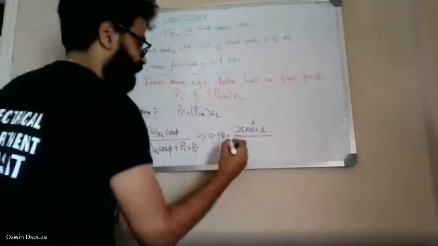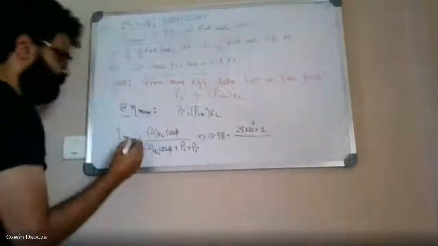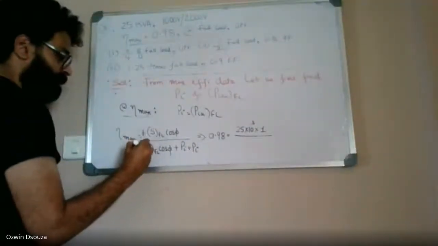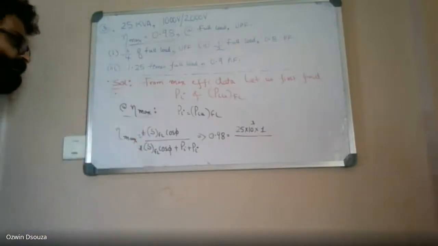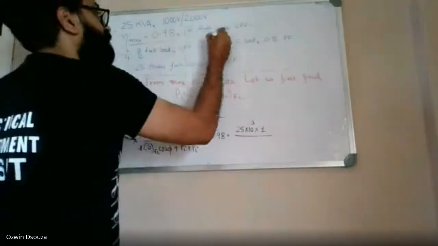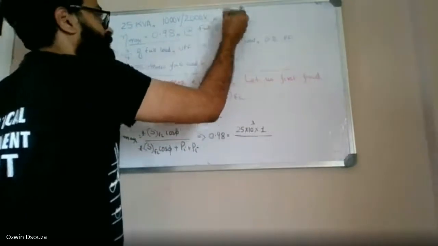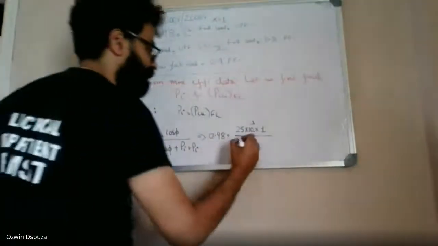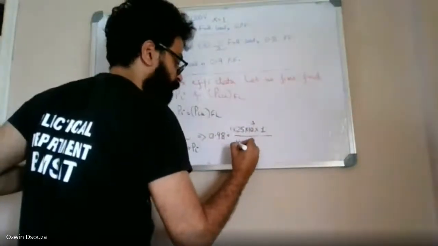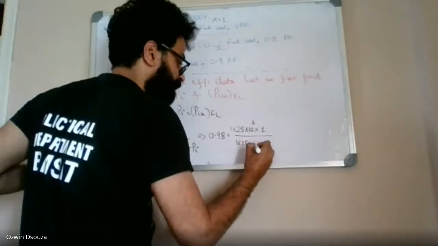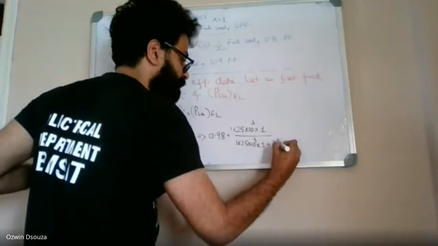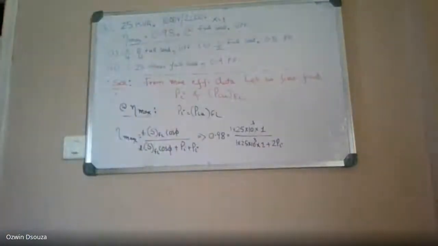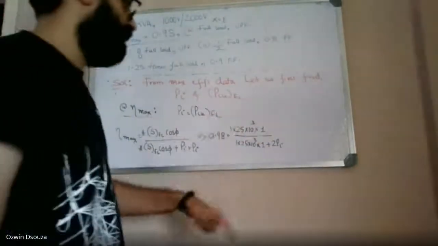Divided by, if you want, I will put X also here, X into SFL, whereas X is 1 because they have given full load. So for full load, X is equal to 1. So in the denominator, you will have 1 into 25 k into 1 plus 2 Pi. In this particular equation, only Pi is unknown.